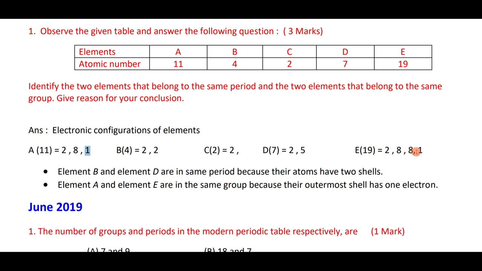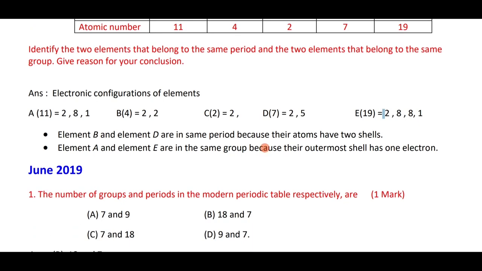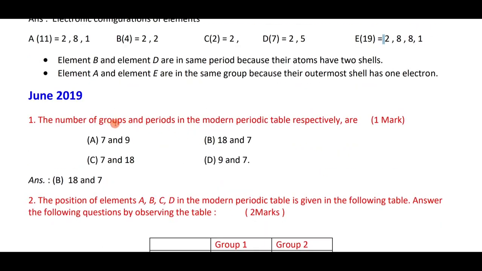E and A have one valence electron, therefore they are in the same group, whereas B and D are in the same period because they have two shells. The number of groups and periods in the modern periodic table: there are 18 groups and 7 periods, therefore the correct answer is option B.